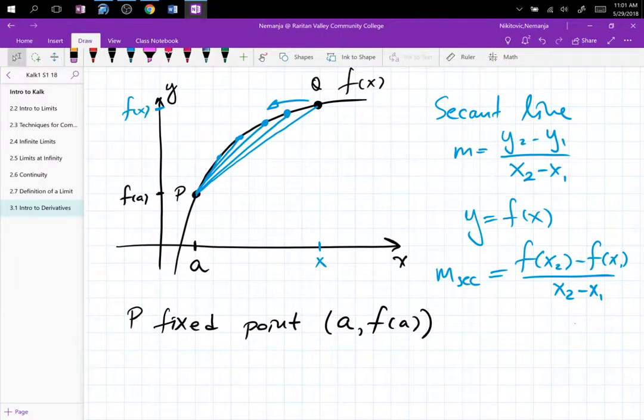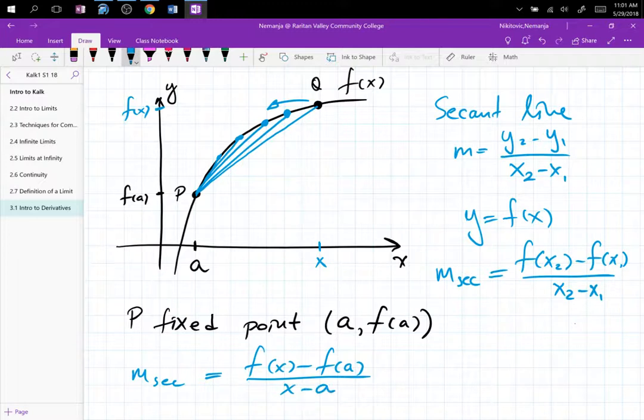So as you can see, now m secant, let me use blue again because the color code is over here. So m secant now is going to be redefined as f of x minus f of a divided by x minus a.